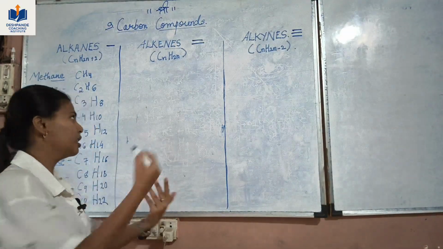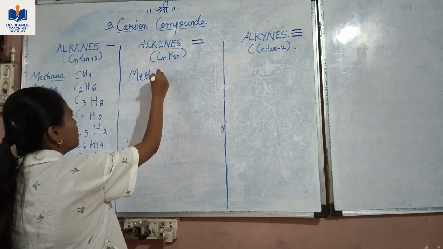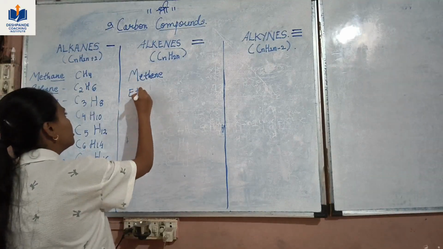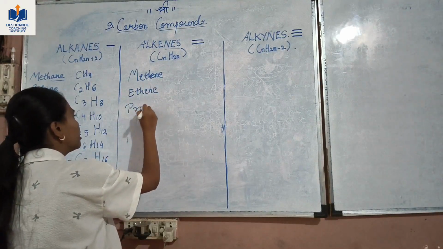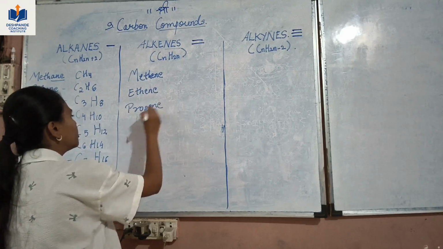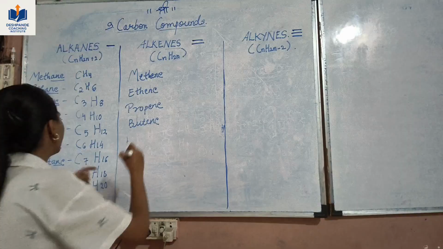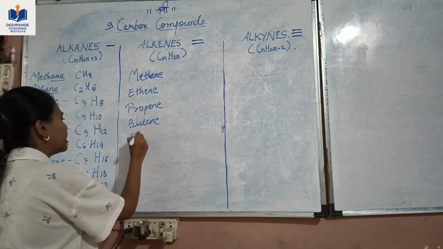It is methene instead of methane. The second member will be ethene. The third member will be propene. The fourth member will be butene. For alkane, it is pentane, so for alkene, it will be pentene.